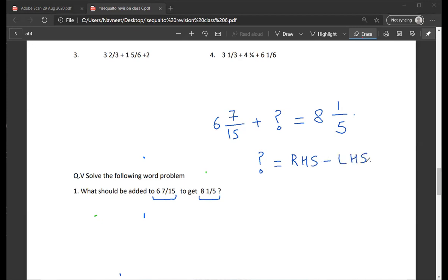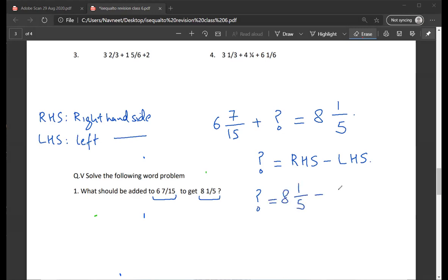Have you understood? Yes, sir. RHS, LHS. You need to understand this. This is the right hand side. This is the left hand side. Is there a doubt? No, sir. Now the right hand side is 8 1 by 5, and the left hand side is 6 7 by 15.